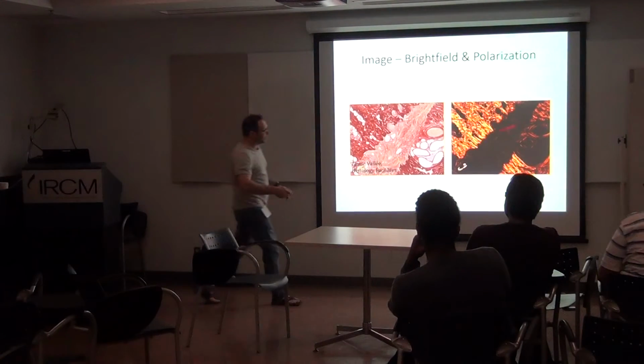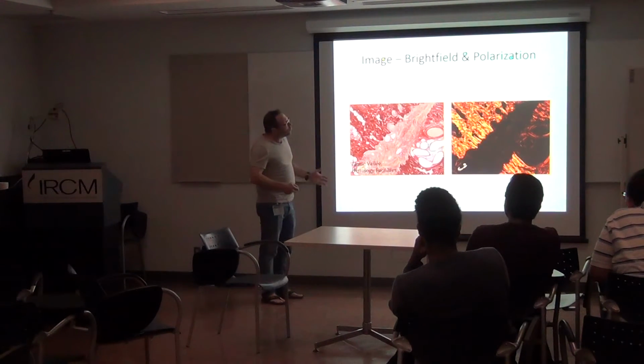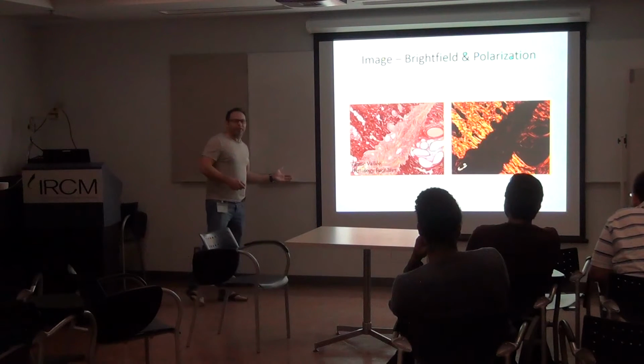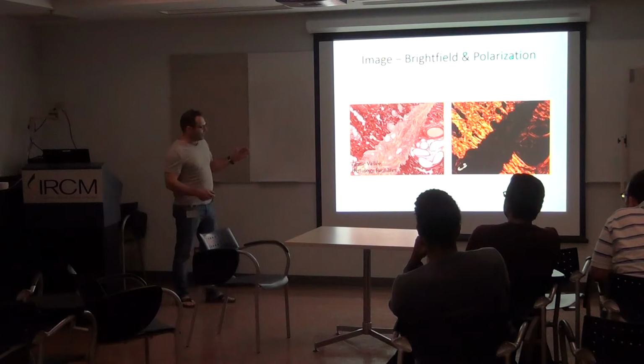And this will give, when you look at a biological thing, most of the time it's going to be collagen. Collagen is birefringent. So everywhere you see collagen, like here, you're going to see light that goes through.